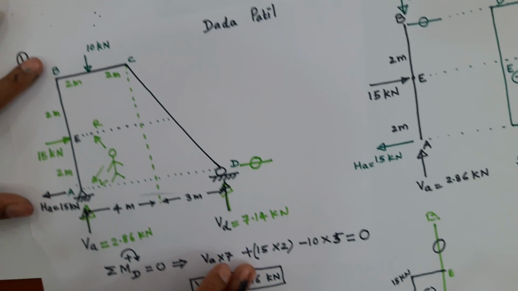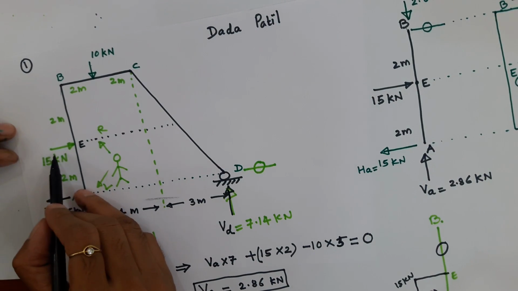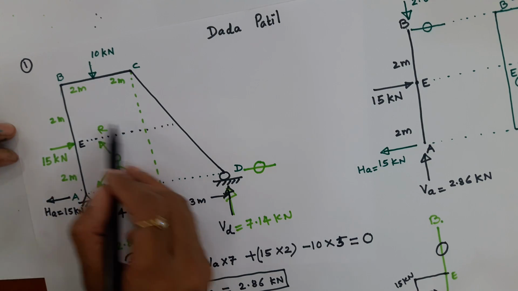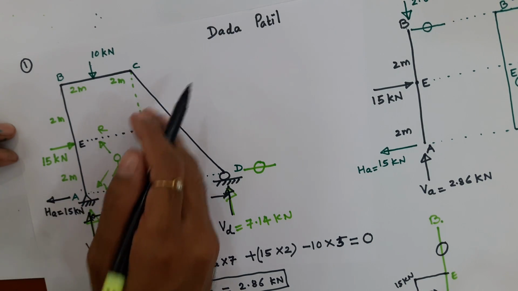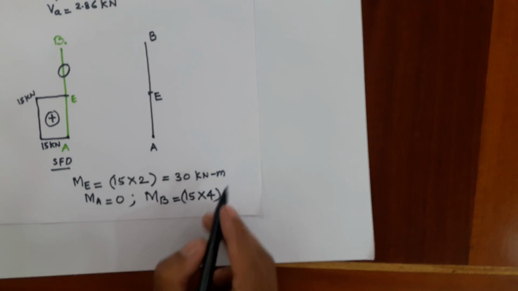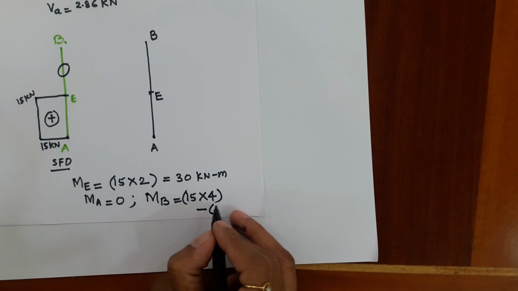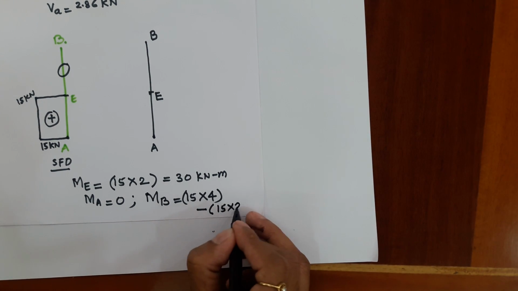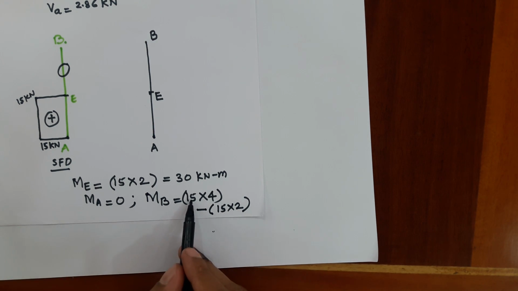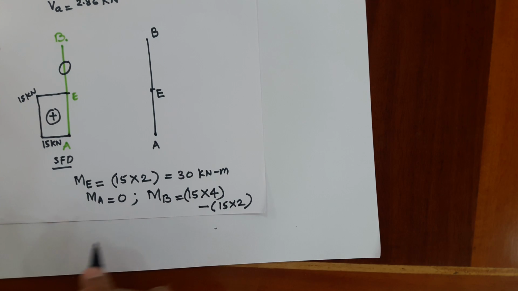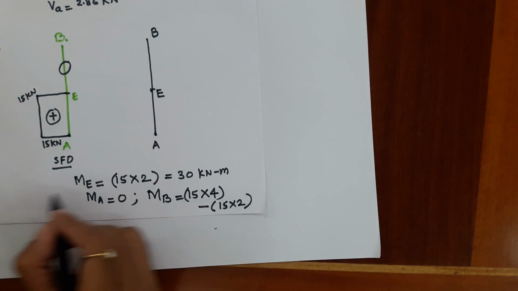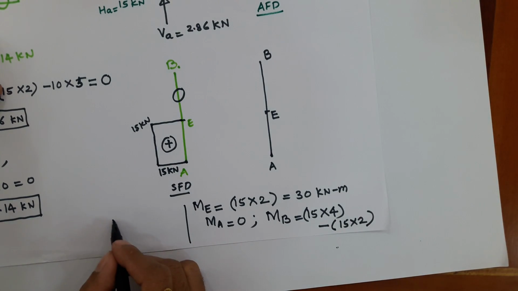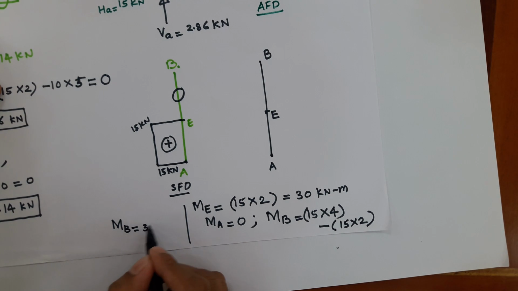And interestingly, you have to observe that this concentrated load 15 at E is trying to close this part BE, which is exactly opposite to this action, and therefore it must be negative. That is minus 15 into 2. So it is 60 minus 30. So the answer is plus 30. Therefore, MB is equal to plus 30 kilonewton meter.